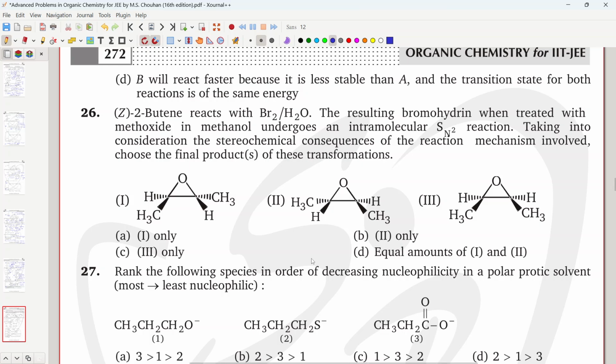Now, question number 26. Z-butene reacts with Br2 and H2O, undergoing anti-addition to form a bromohydrin.